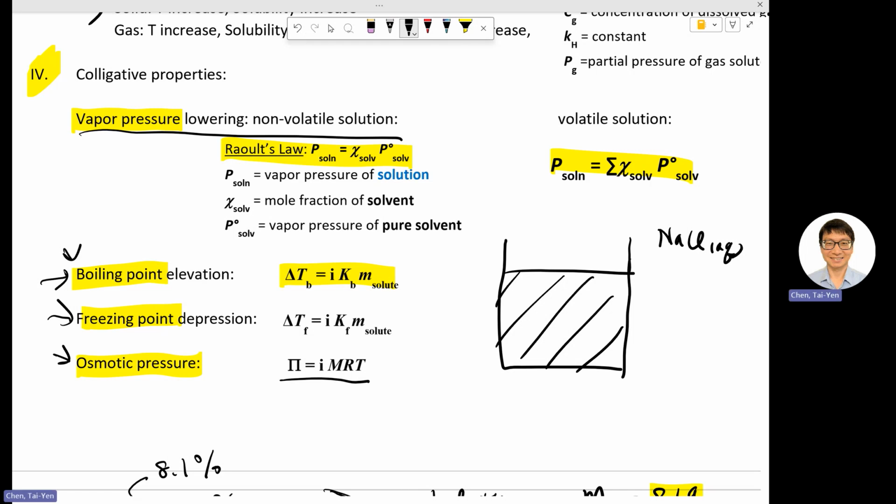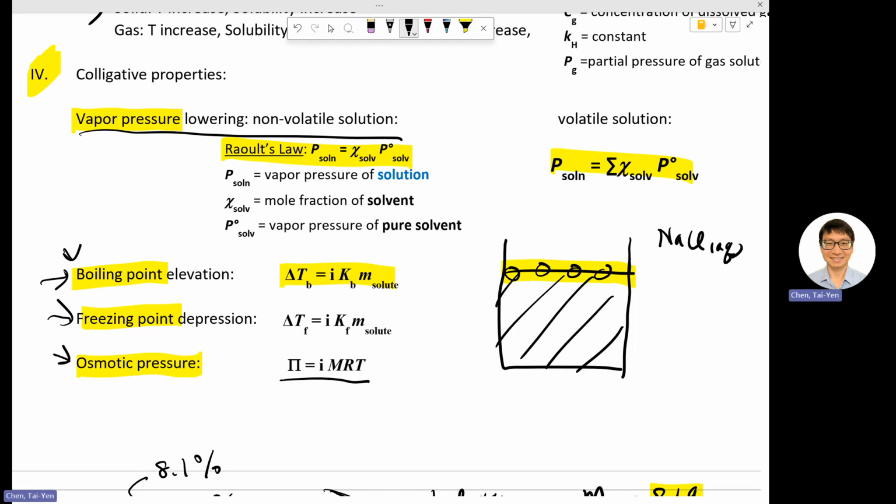When the liquid molecules vaporize, inside this solution setup, it's going to happen at the surface between your liquid and your air. When you throw in a lot of solute, doesn't matter what it is, it's going to cover part of that surface area.